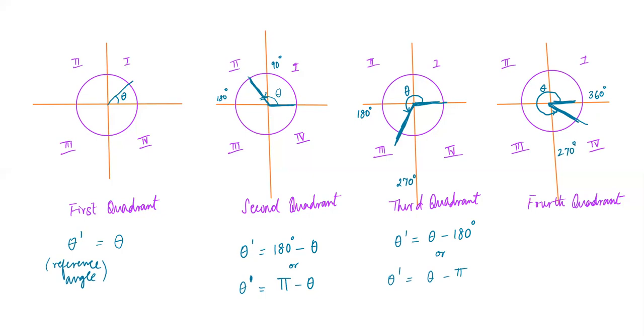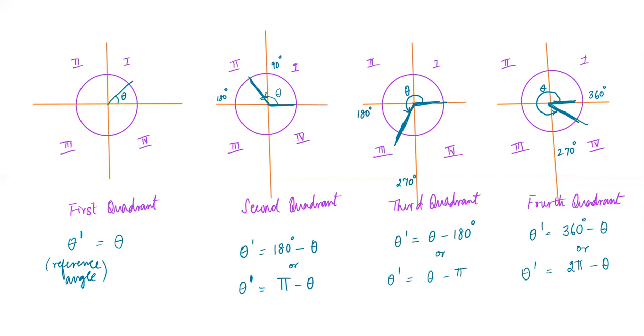Then we use the reference angle, which is 360 degrees minus your angle theta, because it's less than 360. And again, if it is radians, remember 360 is 2 pi, so theta prime would be 2 pi minus theta.